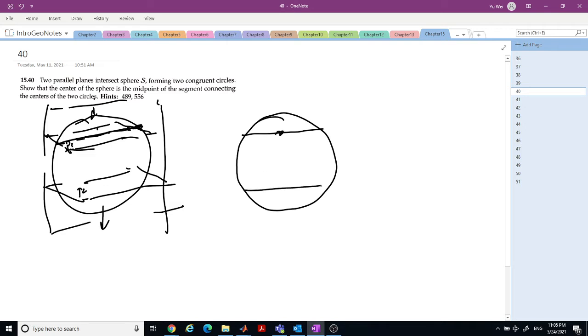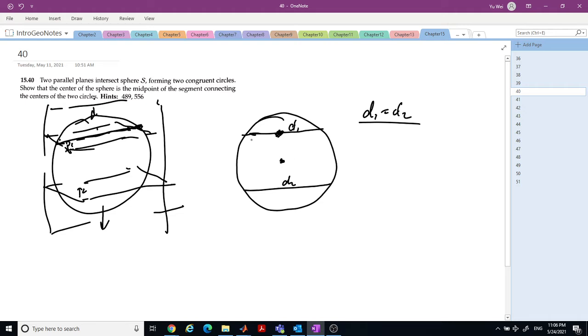Then the other one will also have a circle diameter here, right? So we have congruent circles, meaning the radius, the diameter, is the same. Let's say D1 and D2, right? So two diameters. This is the cutting face. Then we have D1 equals D2, right?